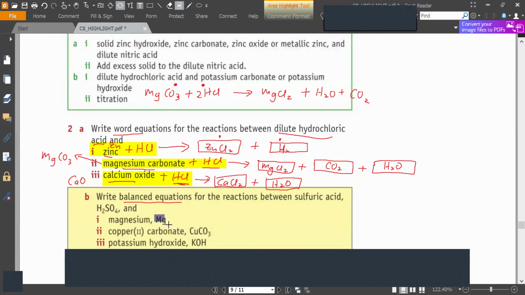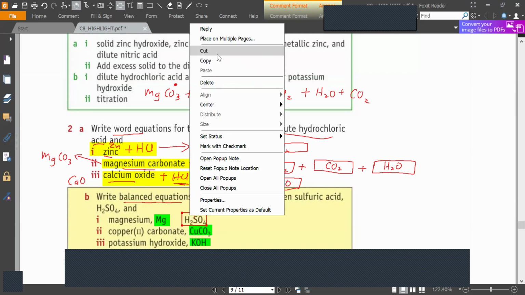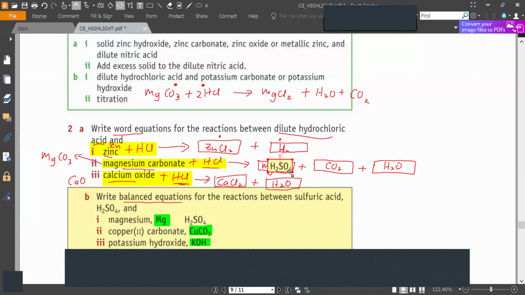Magnesium, copper carbonate, and potassium hydroxide, added with sulfuric acid. So for this one, we need to balance the equation as well.